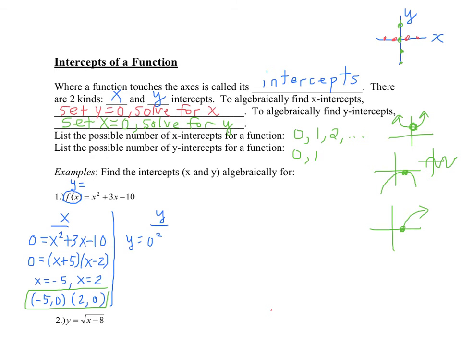So 0 squared. So I'm just substituting in. When I do that, this cleans up nicely to just negative 10. So in this situation, since it's a y-intercept, x is 0. So I'm going to put the 0 first in the x position.